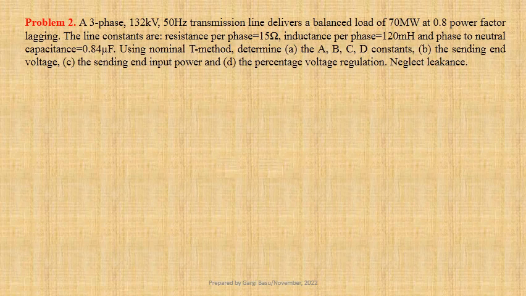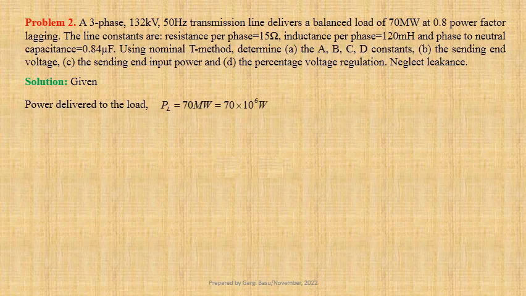Let us first write down the given data. Power delivered to the load PL equals 70 megawatts, that is equal to 70 into 10 to the power 6 watts. Line to line receiving end voltage VR line equals 132 kilovolts, that is equal to 132 into 10 to the power 3 volts.